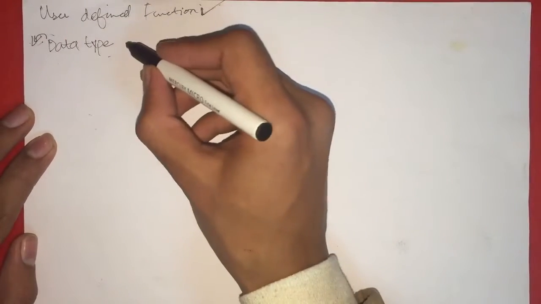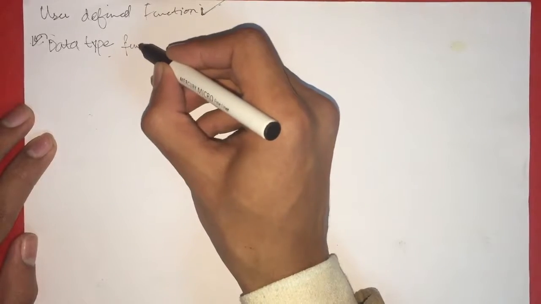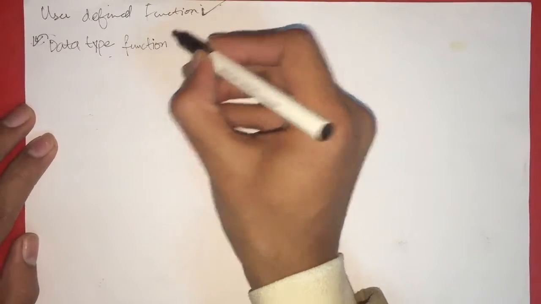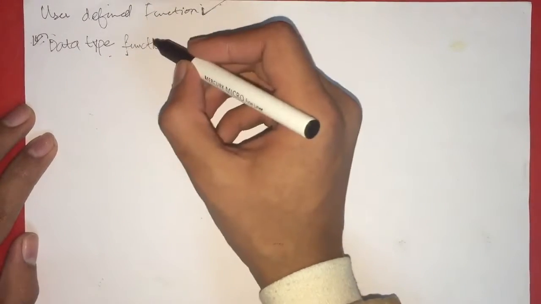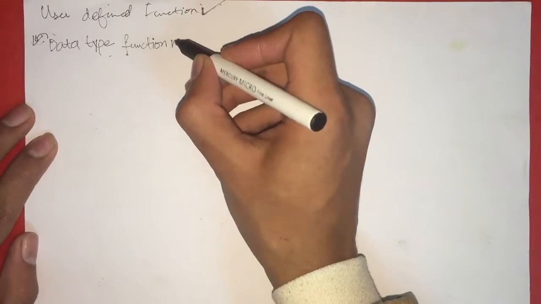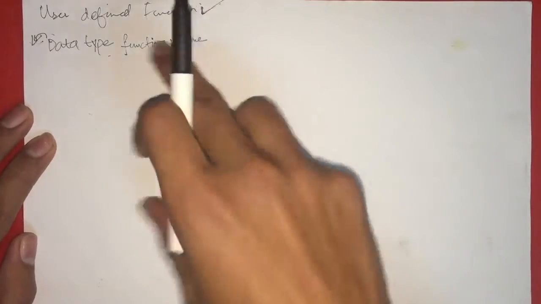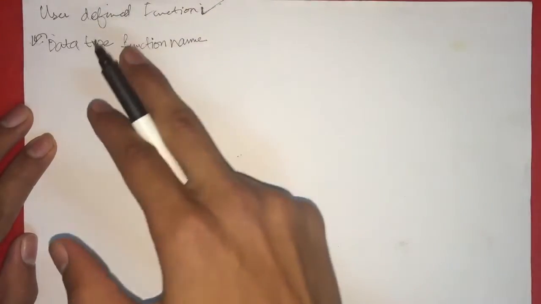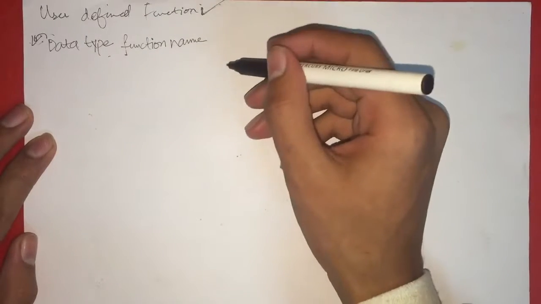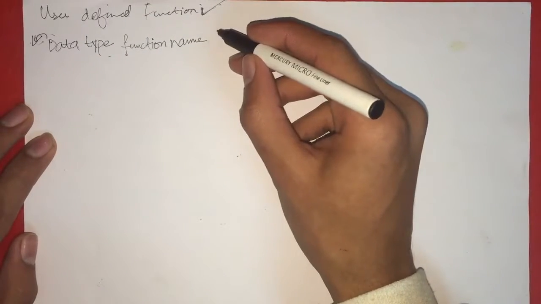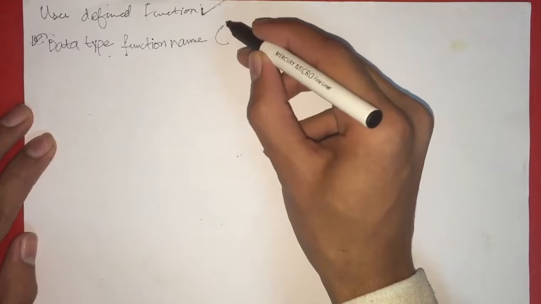Then you suggest a function name, and take a lot of care here, because the function name should be meaningful, otherwise you're not going to know what the function is about. So be careful when you choose a function name. That is the heading of a function.